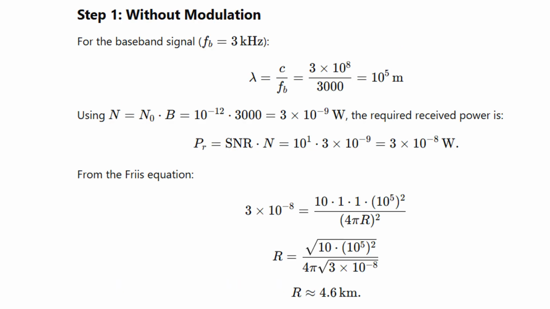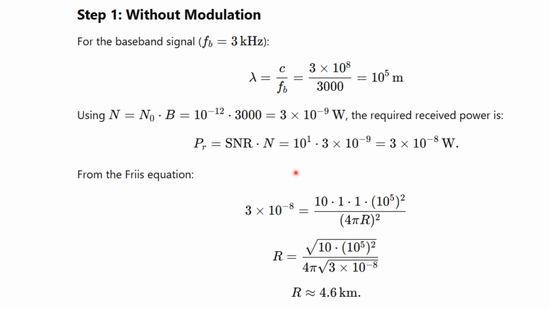In the first step, we will calculate the wavelength lambda for 3 kilohertz. Lambda is equal to C over F, where C is 3 into 10 power 8 and frequency is 3000 because it is 3 kilohertz. So lambda is equal to 10 power 5 meters.